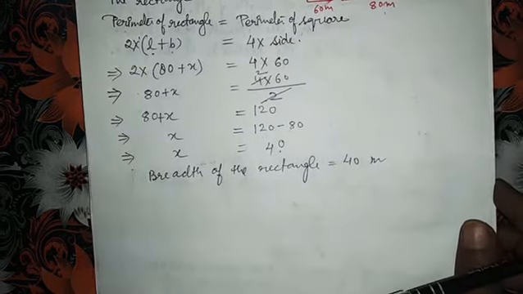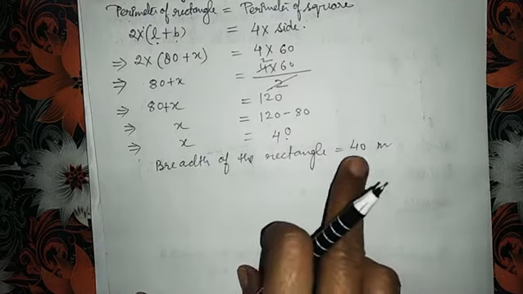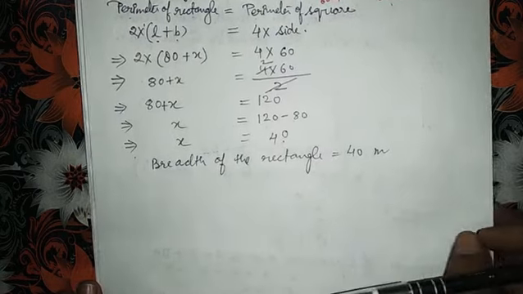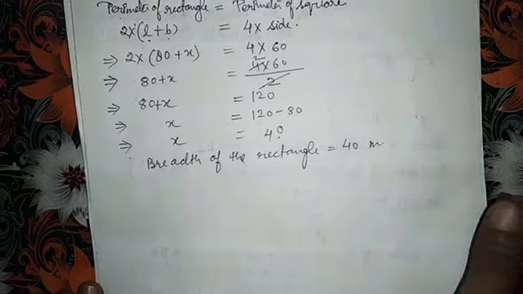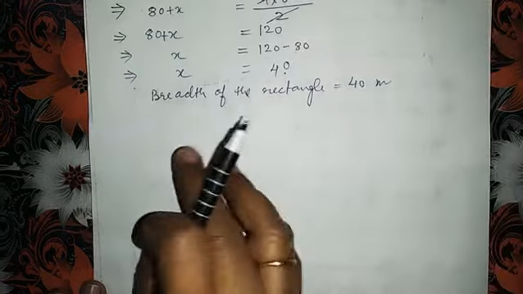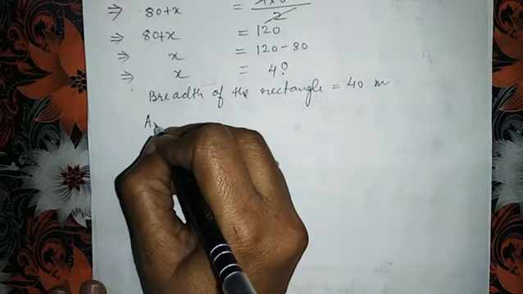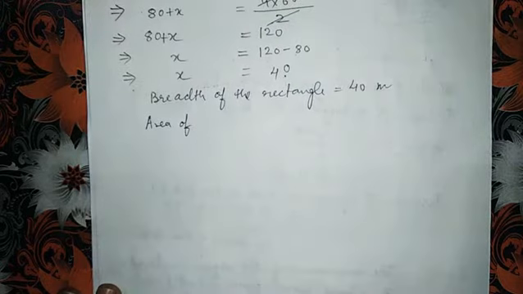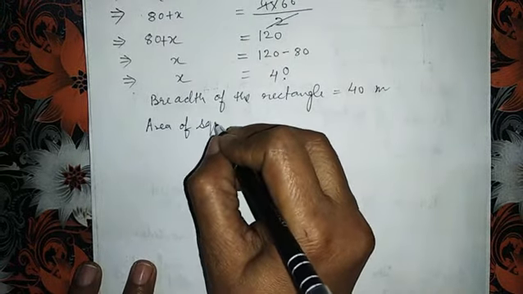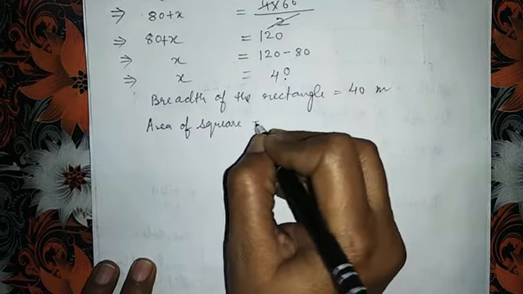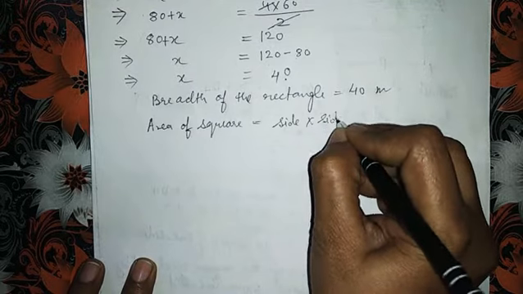Children, we have to tell here which figure has a larger area. Okay, so now we will calculate area of both the figures. For this first we will calculate area of square is equal to side into side.